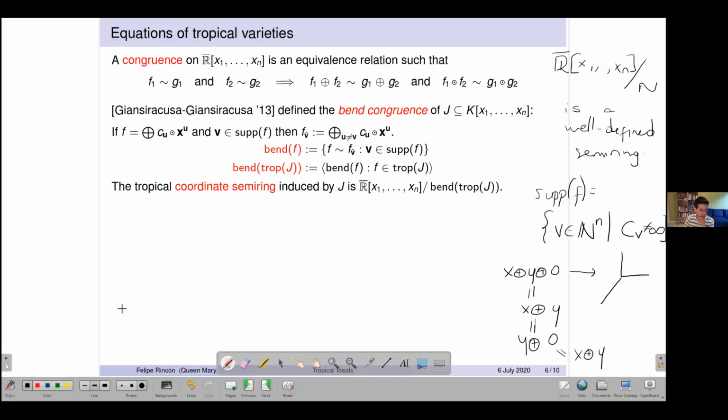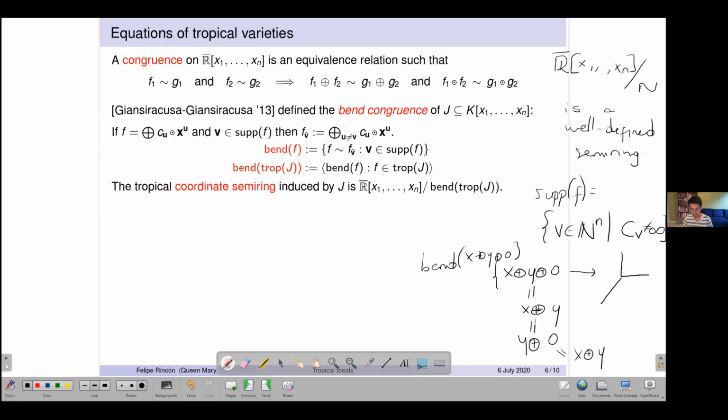Anna is asking, what do you mean by the set of equivalence relations in the definition of bend F? Yes, so what I mean is, this is not only one relation, but a bunch of relations, one of them for each monomial that you see in your polynomial. So for example, this example here is the bend of x plus y plus 0.